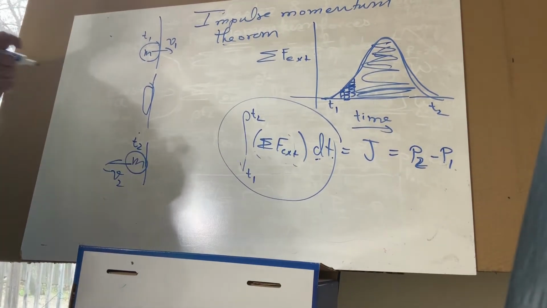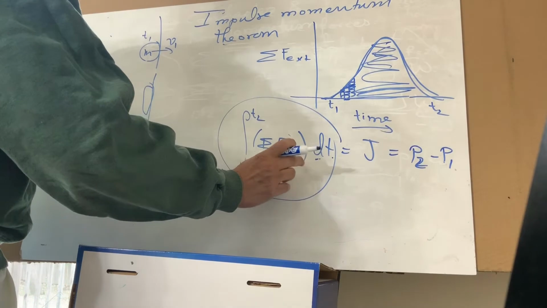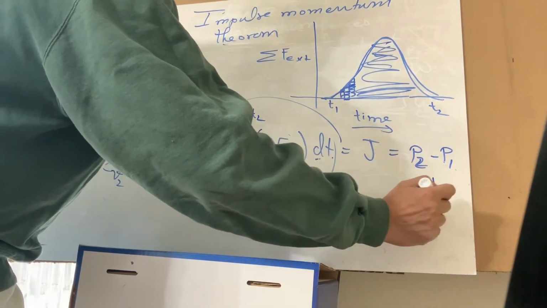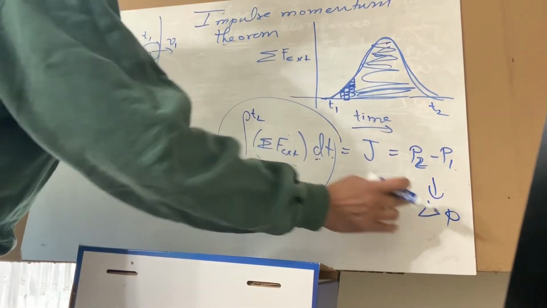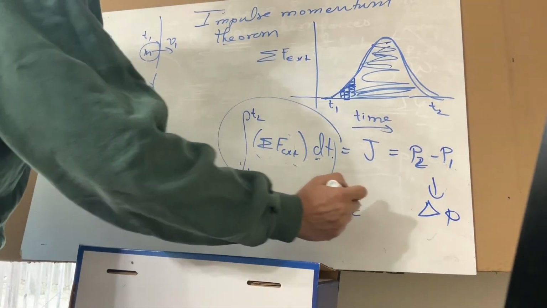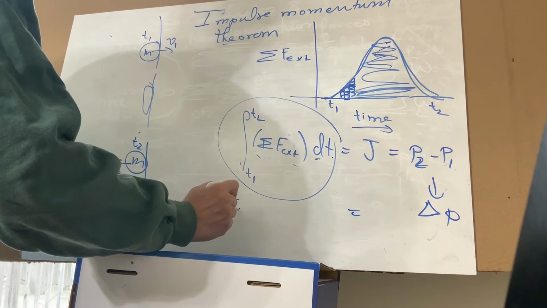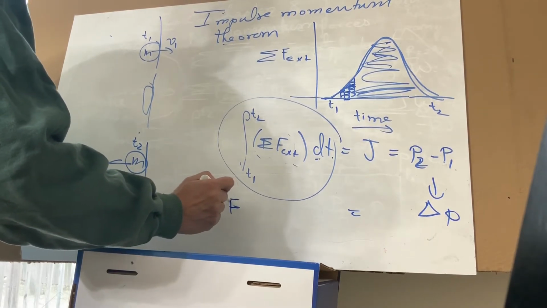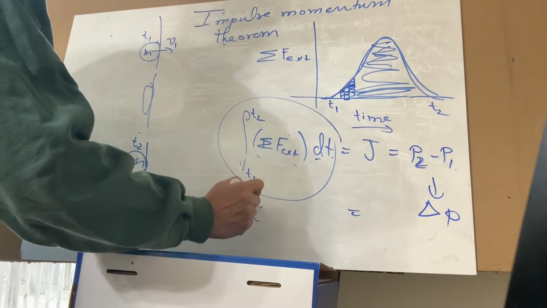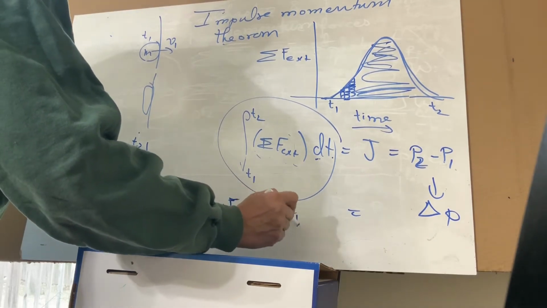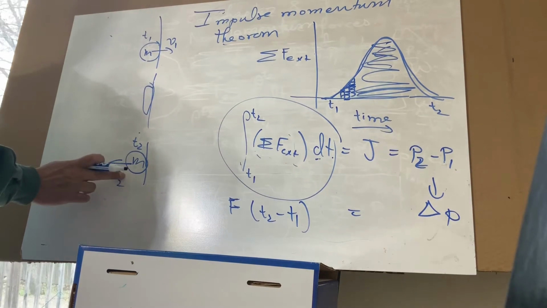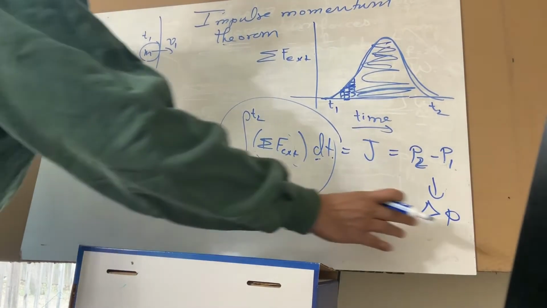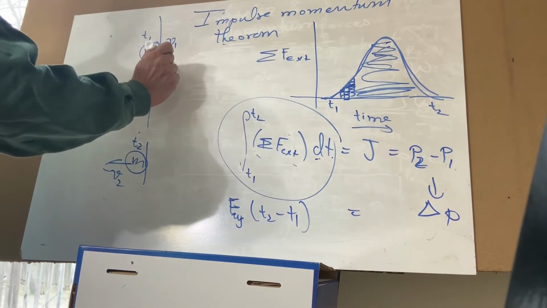By the way, this is the change in momentum, and that symbol means change. I can define a constant force, F, times T2 minus T1. I know the time here and the time there, so I can find the average force. How do you find the average force?